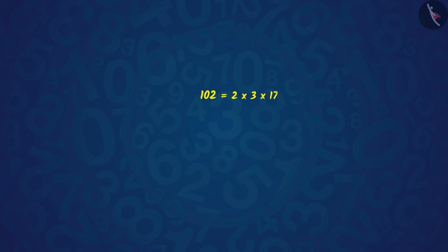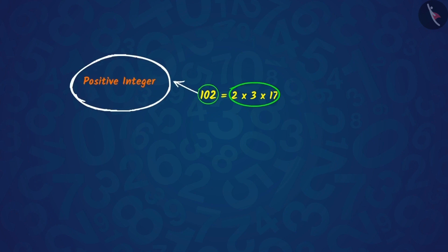Well done! Now if we observe it carefully, then we will notice that we can multiply prime numbers to get a natural number. Let us understand this in detail.